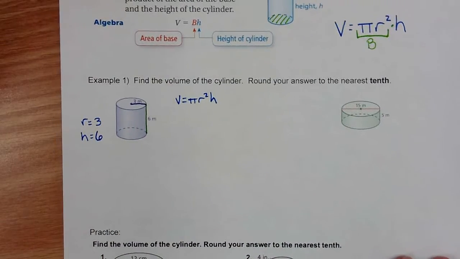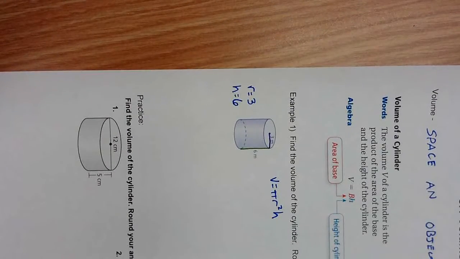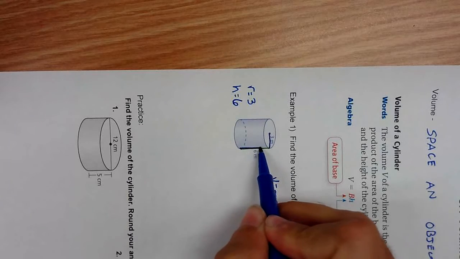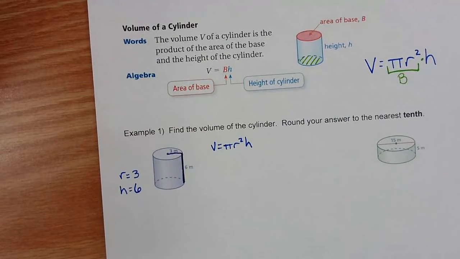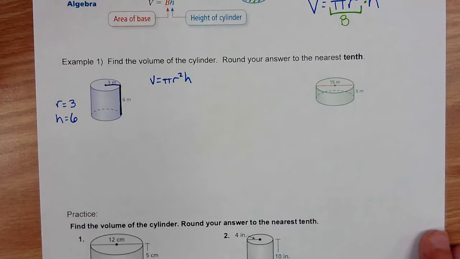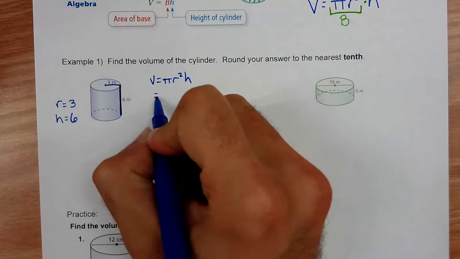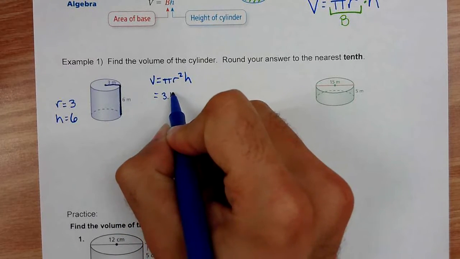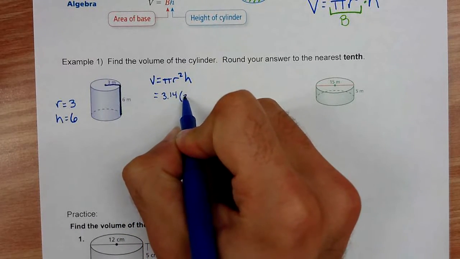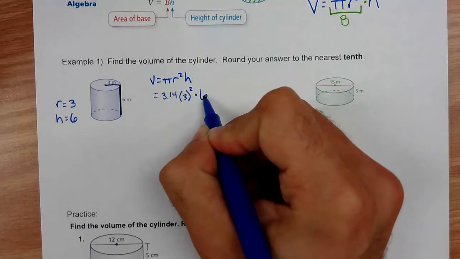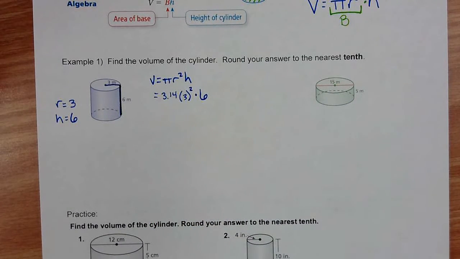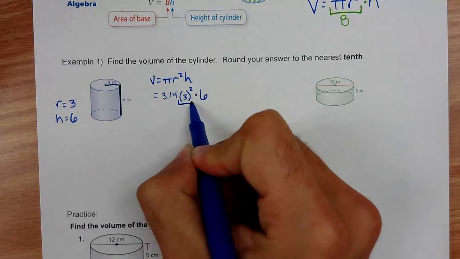It wouldn't matter if the cylinder was sideways. This distance would still be the height of the cylinder because it's between the two bases. All right, so now I have r equals 3, h equals 6. We're going to go ahead and plug those values into our formula. Pi is 3.14. Radius is 3. Square that times 6. Now I go ahead and plug everything in. So I've got to remember to do my exponents first.